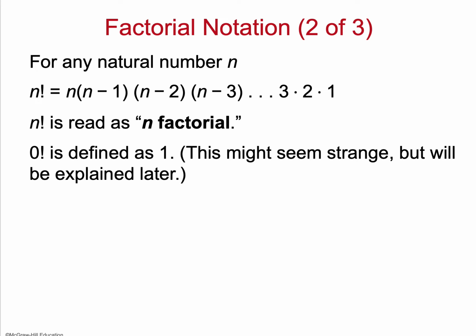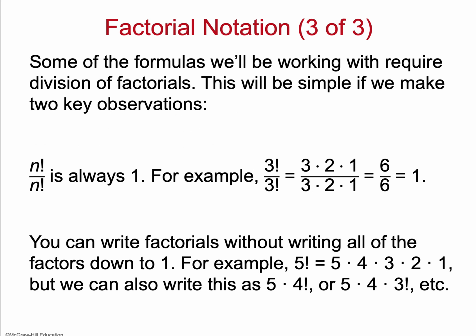So if I do have n factorial, it's read n factorial. So an exclamation point is read as n factorial in math. What's interesting is that 0 factorial is actually equal to 1. And that's where a lot of students will get tripped up in ALEKS, because 0 factorial is 1 and not 0, like our instincts tell us.